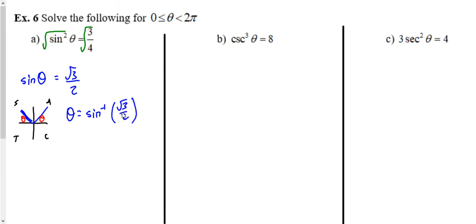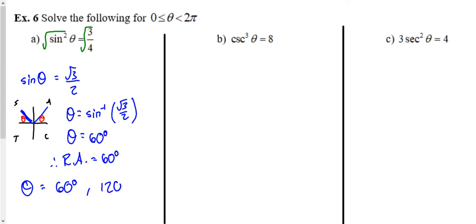And of course that's going to get us theta equals 60 degrees. Therefore, we have a reference angle now of 60 degrees. And if you have 60 degrees here, that means 60 degrees here. So in standard, we are now at 120 degrees. So theta, our solution, is equal to 60 degrees and 120 degrees.